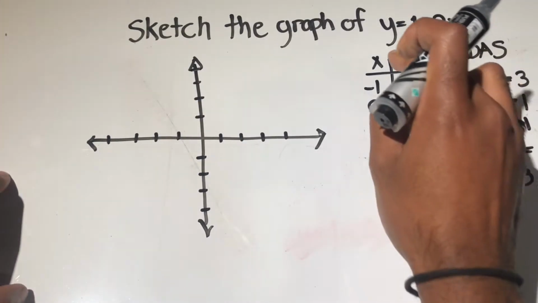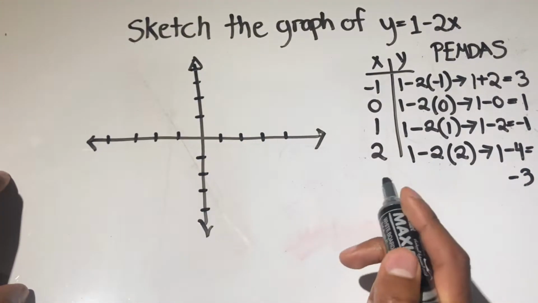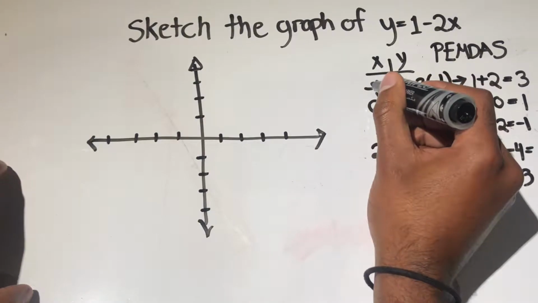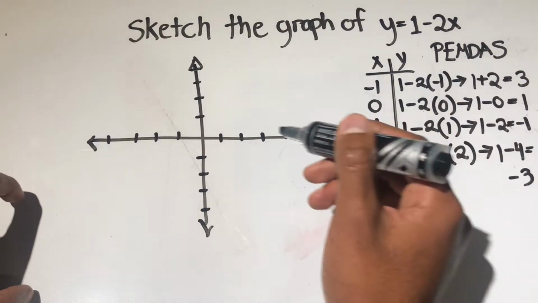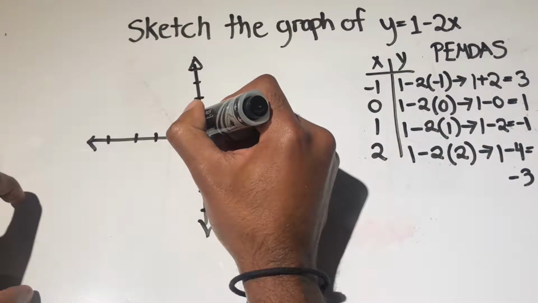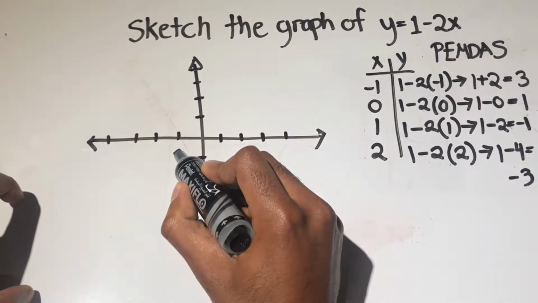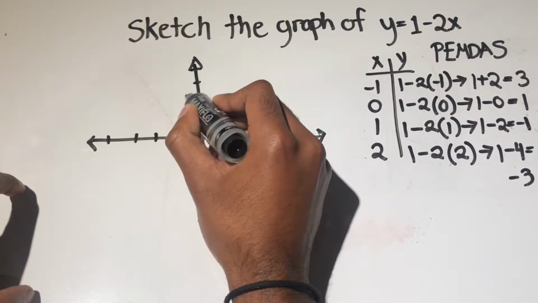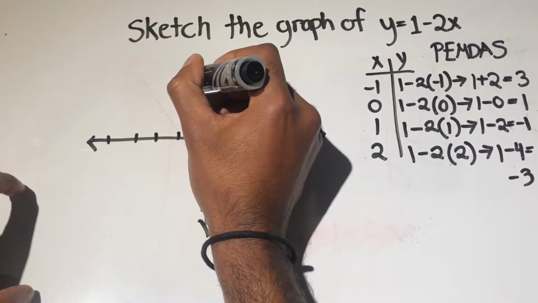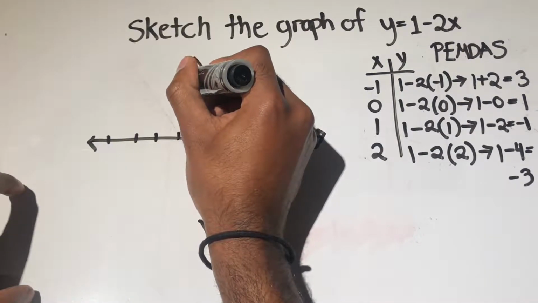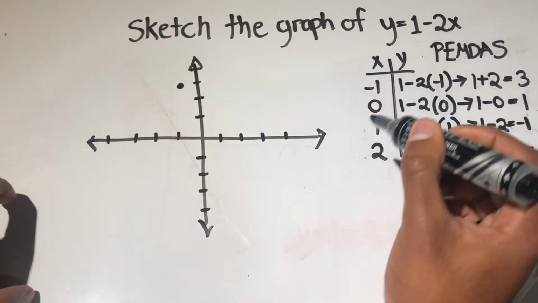Now all we got to do is take our points and plug them in. We have -1 and 3. That's -1 in the x direction, and then 3 places in the y direction. Our first point is here.